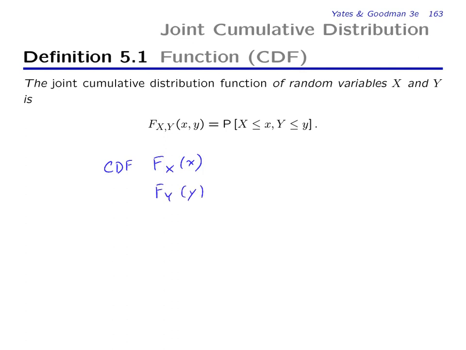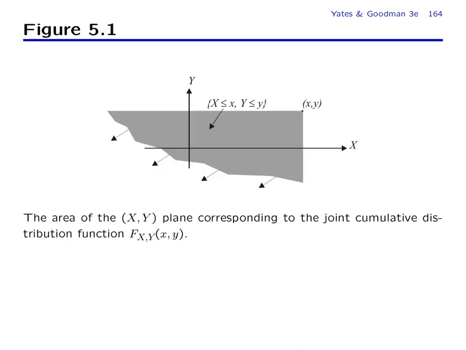However, when we do an experiment that generates both an x and a y, and they may be related in some way, the individual CDFs of x and y are not enough. Instead, what we need is the joint CDF of x and y that tells us not just the probability of the individual events, x less than or equal to little x and y less than or equal to little y, but it tells us the probability of the joint event.